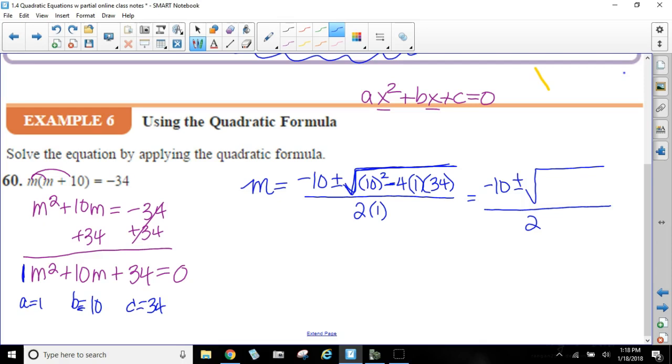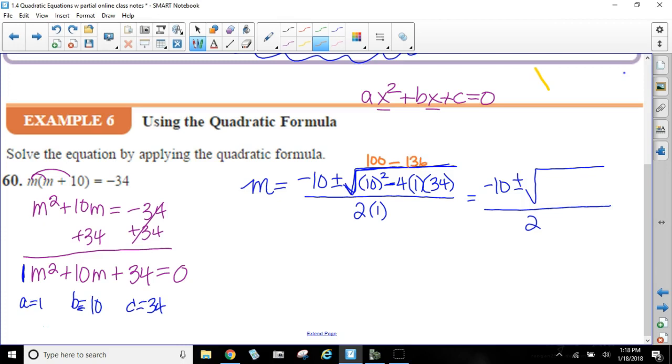Now, underneath our radical here, let me just say that 10 squared is 100. Here we have minus 4 times 1 times 34. That is going to be 136.